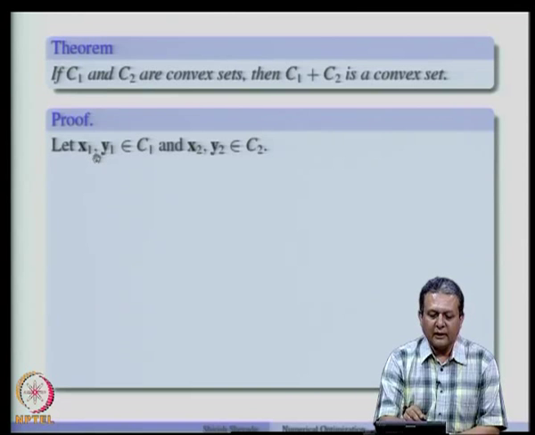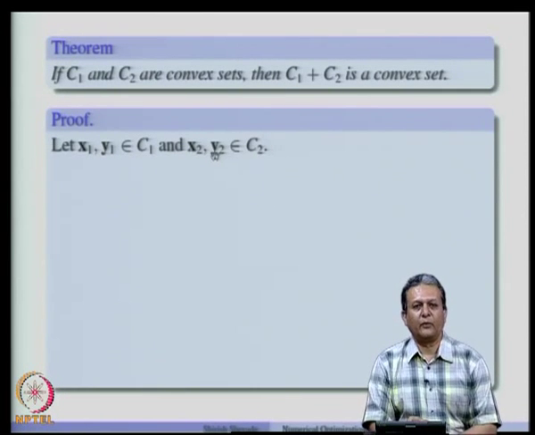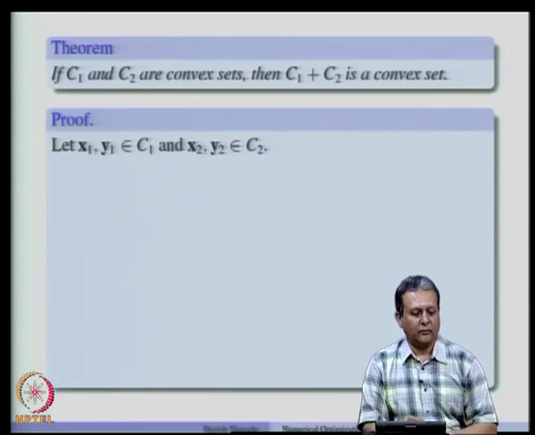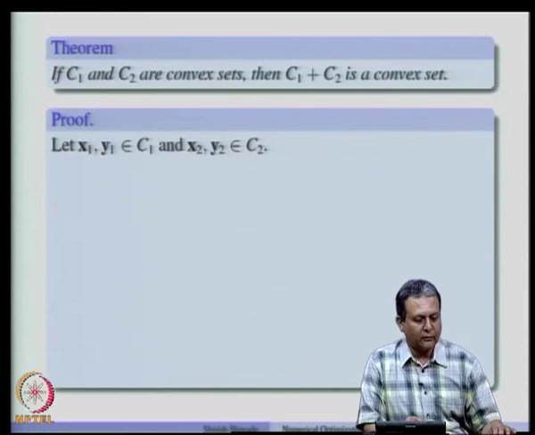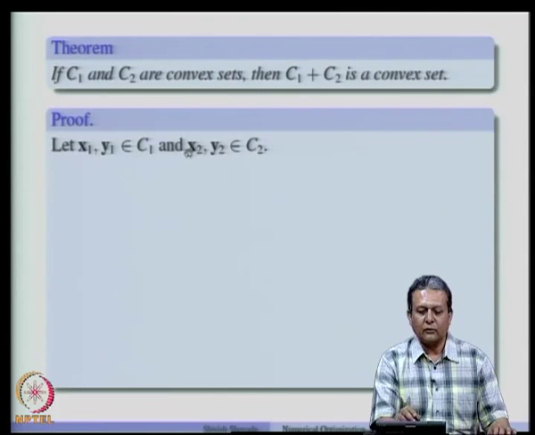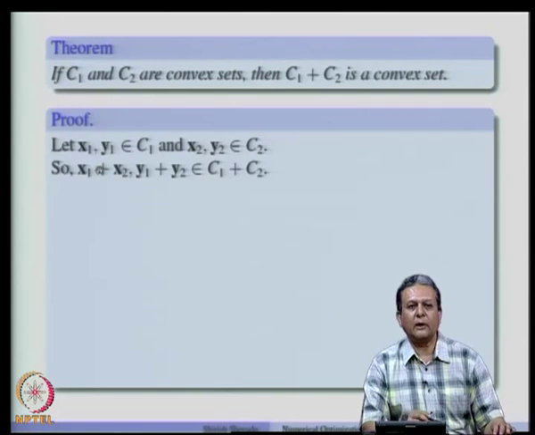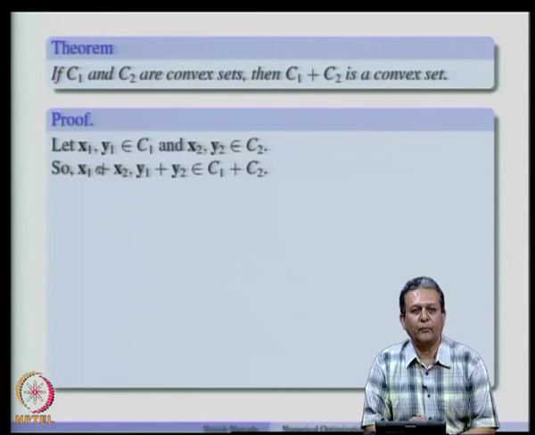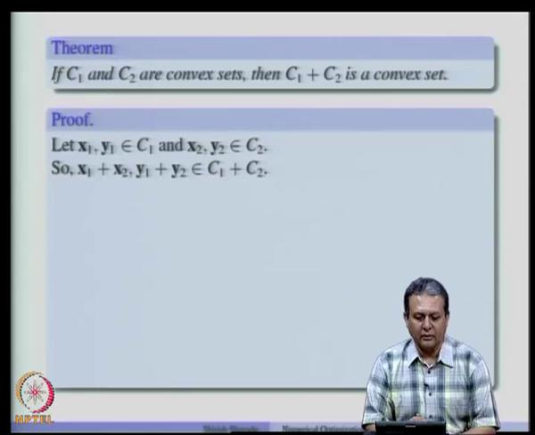So, let us consider x1, y1 belonging to C1 and x2, y2 belonging to C2. These are vectors in C1 and C2 respectively. So, we can say that x1 plus x2 belongs to C1 plus C2 and y1 plus y2 belongs to C1 plus C2. This is by the definition of C1 plus C2.